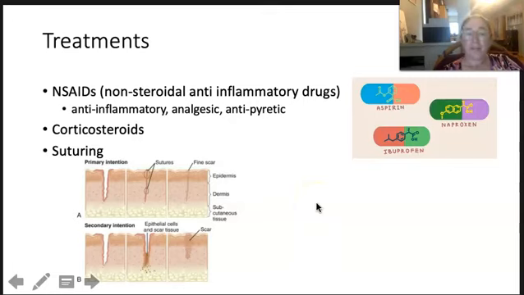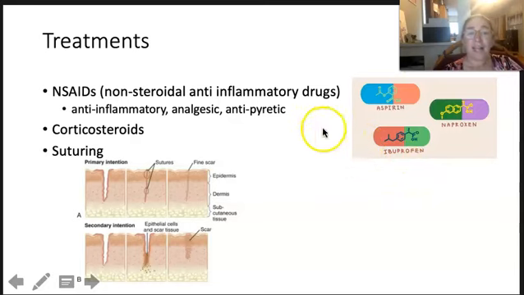Treatments for inflammation can be over-the-counter. These are NSAIDs, which stands for non-steroidal anti-inflammatory drugs. These include aspirin, naproxen, which usually has the brand name Aleve, though there's off-brand naproxen as well, and ibuprofen, with brand names you're familiar with like Advil and Motrin.